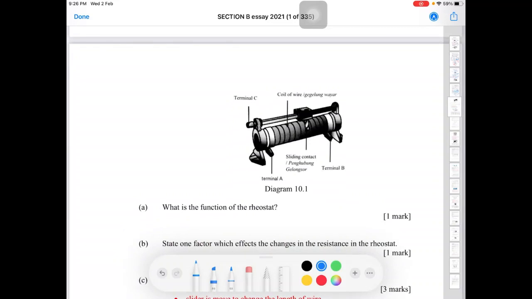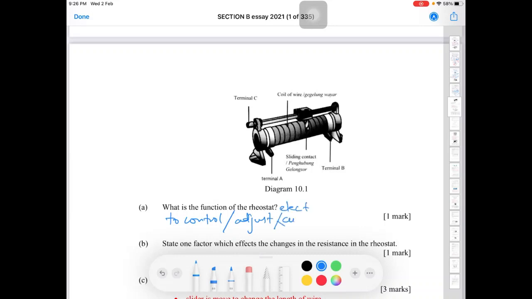Okay, so what is the function of the rheostat? The rheostat you use in the lab, the function is to control or to adjust your current in the circuit. Okay, so function of the rheostat is to control or adjust current, electric current.